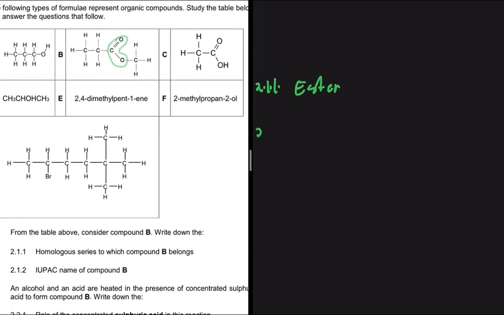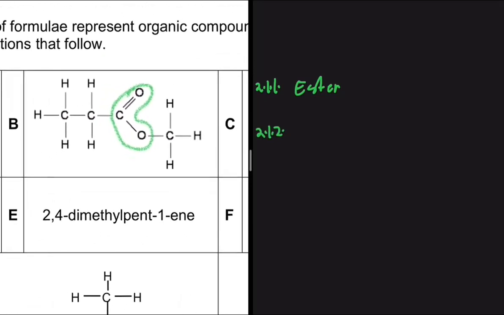And then the second question, 2.1.2, we're looking for the IUPAC name of the same compound. So this is how you actually name an ester, ladies and gentlemen. You're going to come to the structure and put a line that divides the oxygen with the double bond from the oxygen with the single bond.